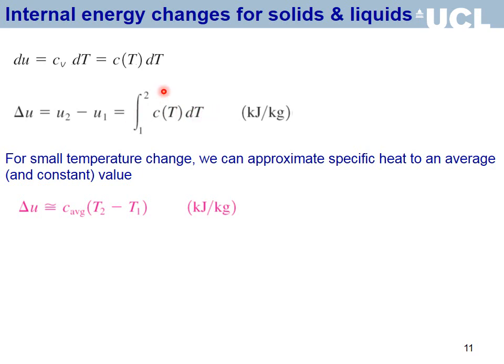Integration of dT from 1 to 2 is nothing but T2 minus T1. So I can write delta U approximately equal to the average value of specific heat times T2 minus T1. Okay, this is used very often, and with this approximate sign, the change in energy of the system is equal to specific heat times temperature change. Remember, this is something that you have been using for quite a while now, and now this gives you a framework for how these relationships come about. All right.